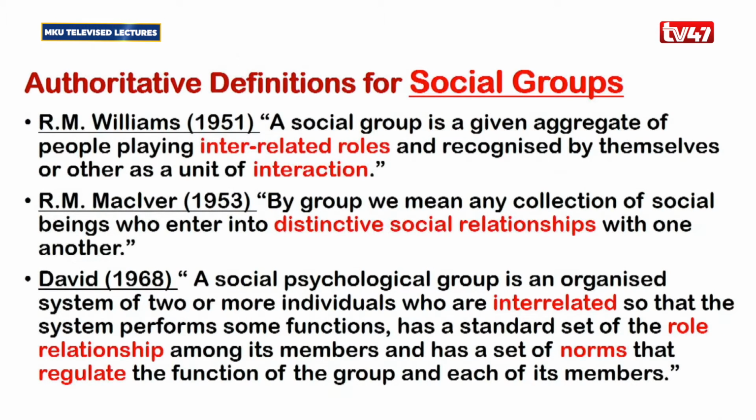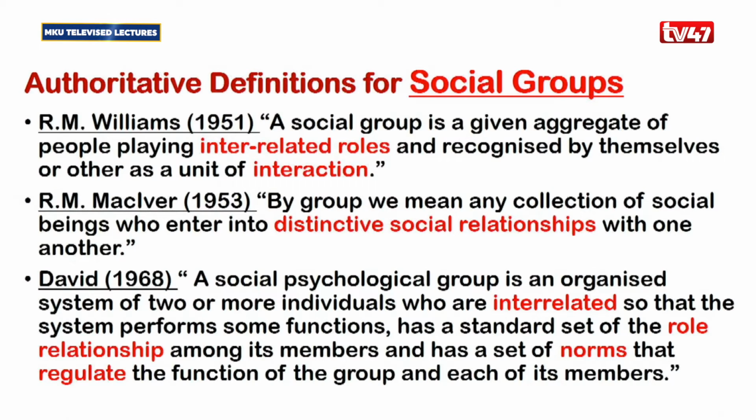For MacIver, by a group we mean any collection of social beings who enter into distinctive social relationships. Relationships will vary from one group to another, but for that particular group, the relationships must also be distinctive from another group.